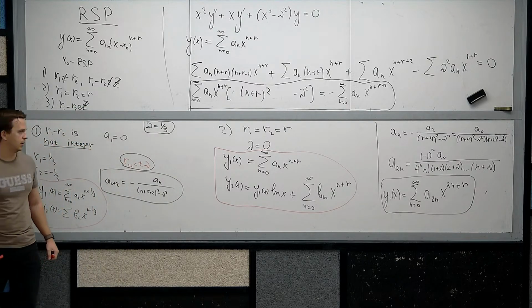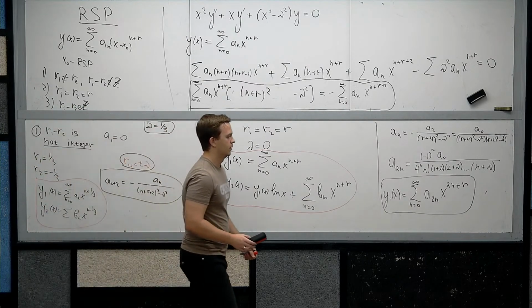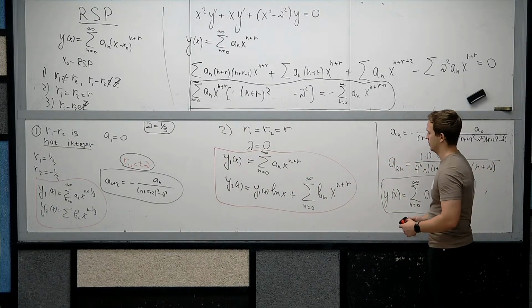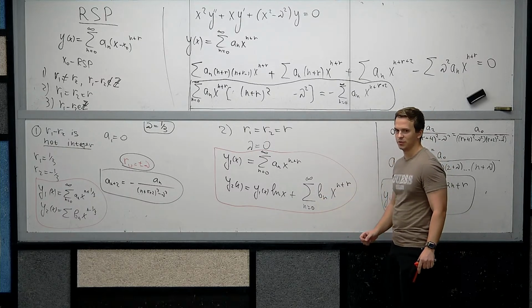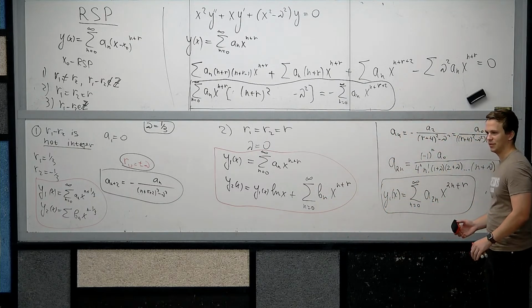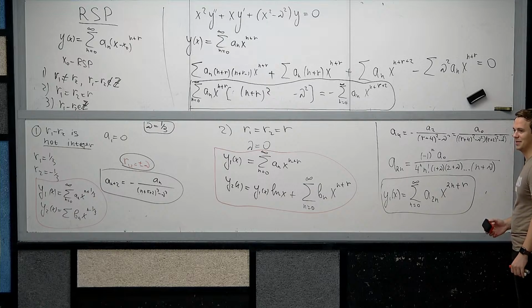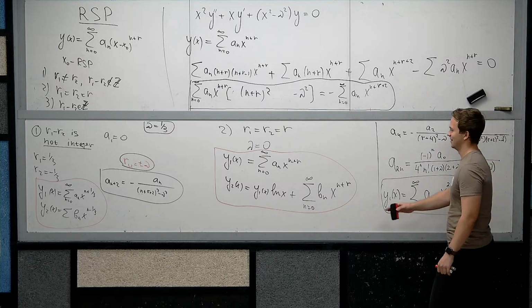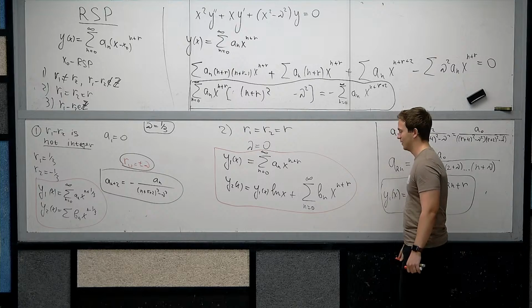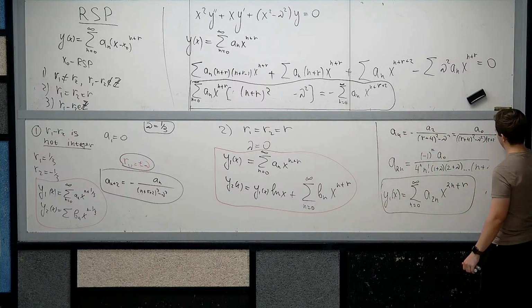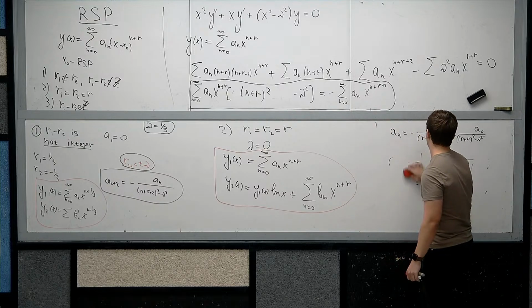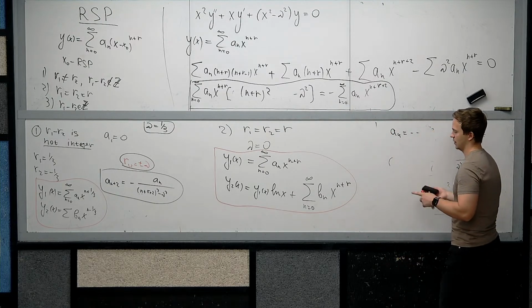But in Bender's book you can find an easier way to find these coefficients. So please, if you're interested in the fast solution and don't want to waste your time plugging this into this, look at Bender's book, and you'll see there a sort of shortcut for the second solution.